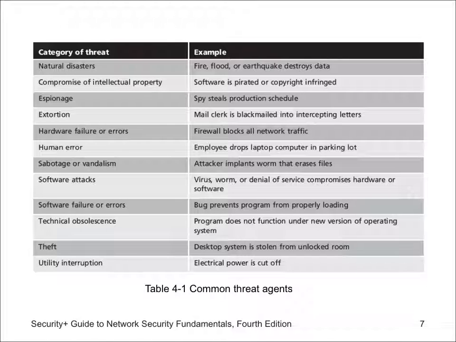Software failure, errors, bugs. Technical obsolescence: a program does not function under a new operating system. That happened a lot in the last few years. Theft: a desktop system is stolen from an unlocked room. And utility interruption: electrical power is cut off. And these are common threats.